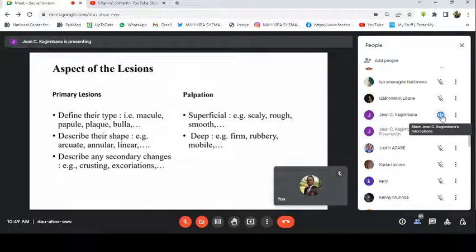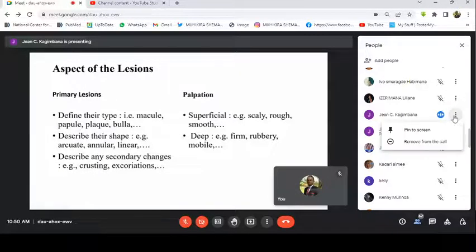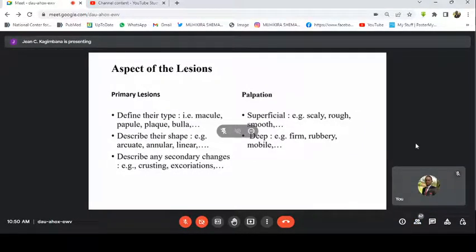Because primarily, the region may be vesicular lesions. We have many vesicles or bullae, but because of scratching, it's superinfected by Staphylococcus aureus. Then you have crusted regions, okay? Or because of the scratching, then you have excoriated regions.